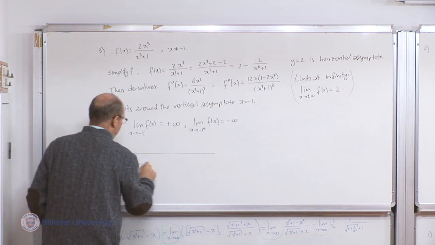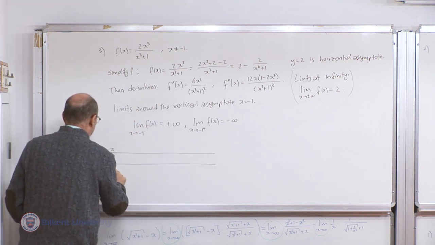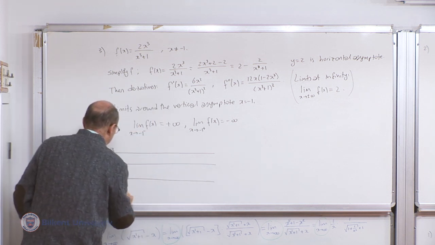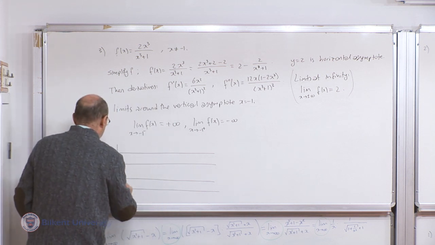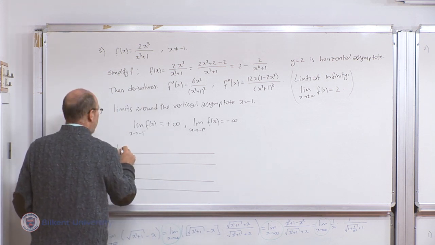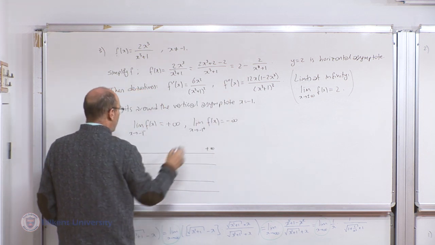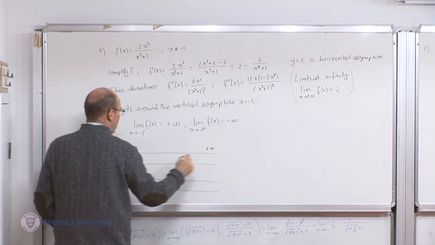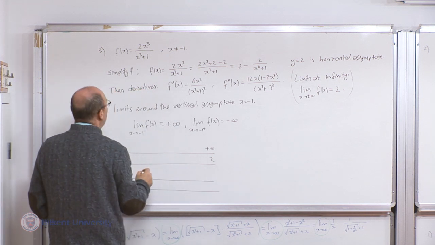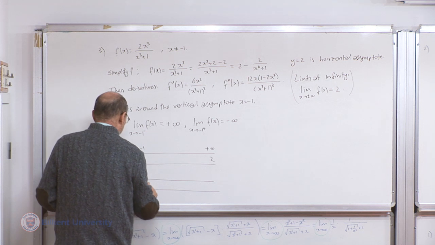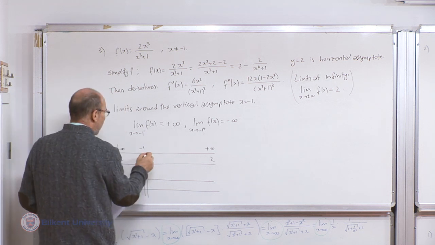I have f, I have f prime, I have f double prime. At minus infinity and plus infinity, I know that 2 is a horizontal asymptote, so here I'll have 2. At minus 1, nothing is defined, but I have the limits.